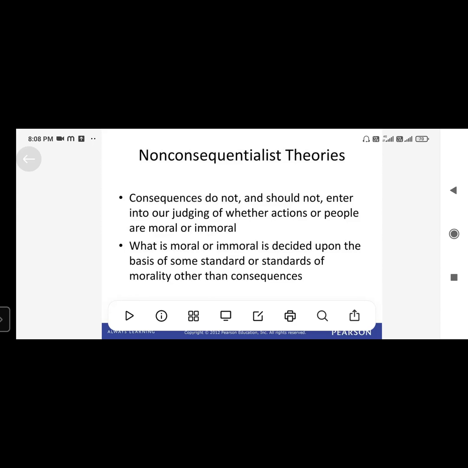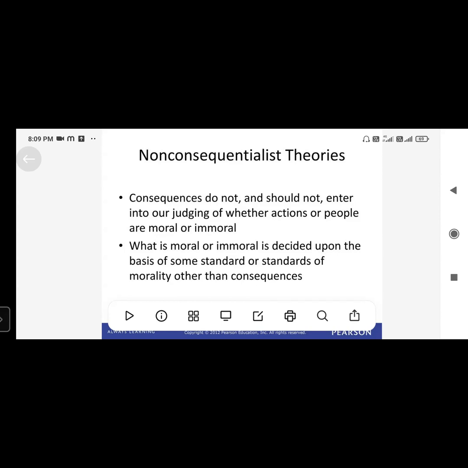Non-consequential is the theory which does not depend upon the consequence of a particular event. But consequential theory talks about the decisions related to business ethics that should be taken by the organization based on the consequences of that particular decision.